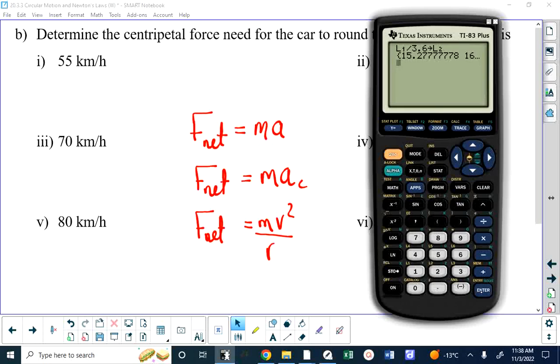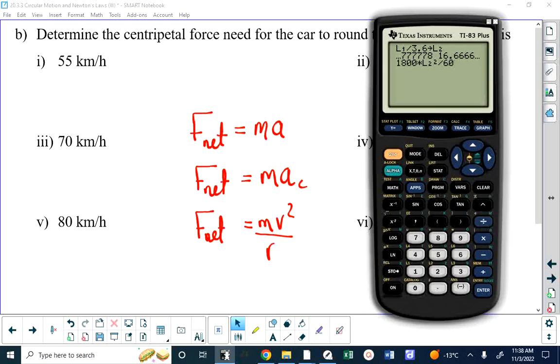It shows me the list. I could scroll through this. But if I go stat edit now, as if by magic, I have a new list, L2. These are the speeds in meters per second. If I want to find the forces, well, I can quit out of here and go 1800 times the speed squared, but the speed is in L2, so times L2 squared, divided by 60.